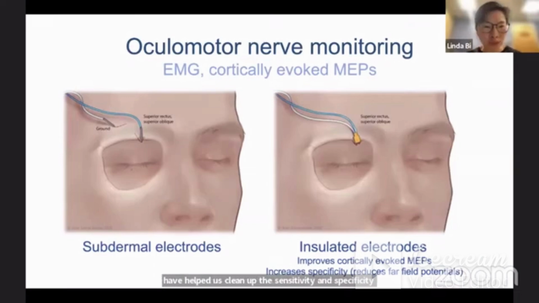Taking the oculomotor nerve as a first example, this is an illustration of subdermal electrodes placed into the superior rectus. Another common location would be the inferior rectus. The rationale for a superiorly placed electrode, which is just sliding underneath the orbital rim as if sliding a central line underneath the clavicle, is if one wanted sensitivity more than specificity.